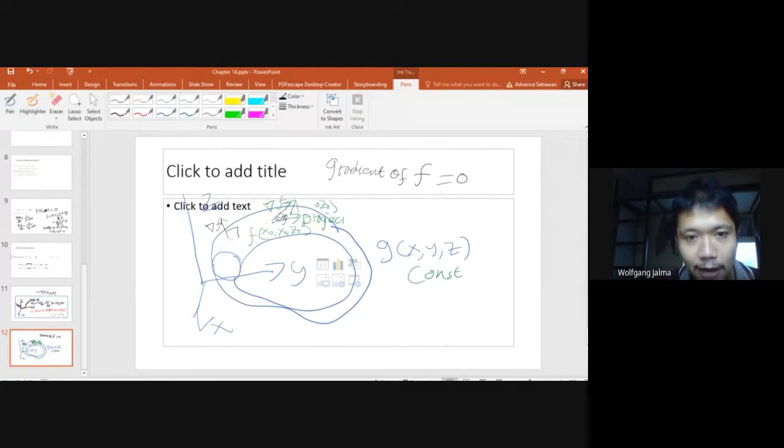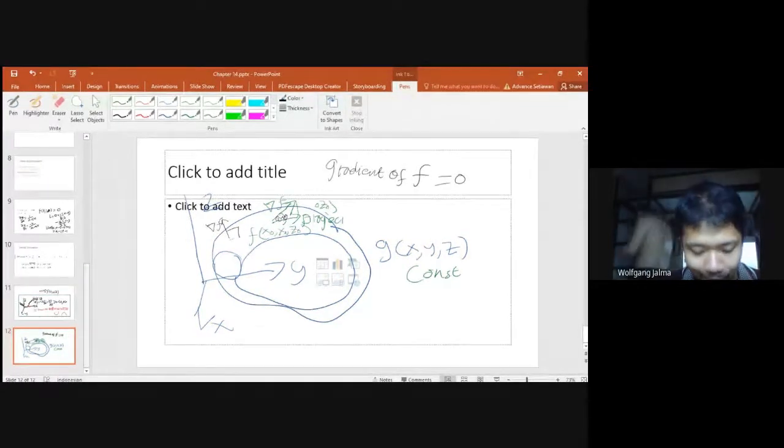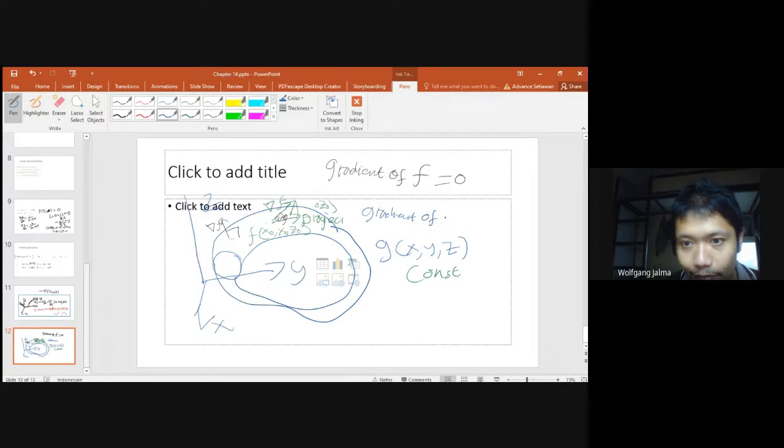Now my question is, what is the gradient of g in g? So basically the gradient of g in g is always 0 because, well, g in g is constant, right? It doesn't change. You move from here to here to here, it's always on g.